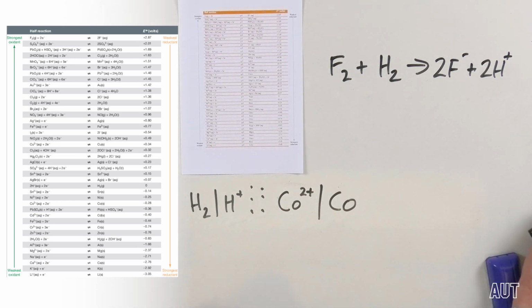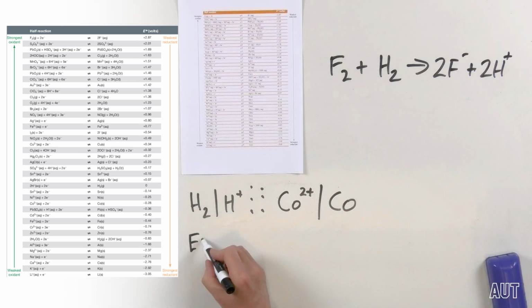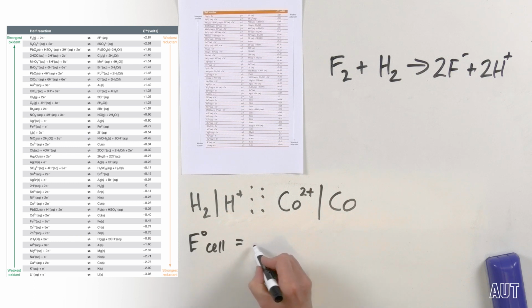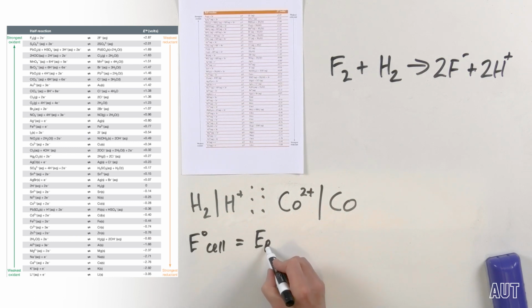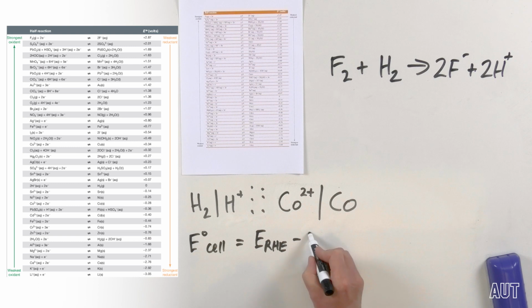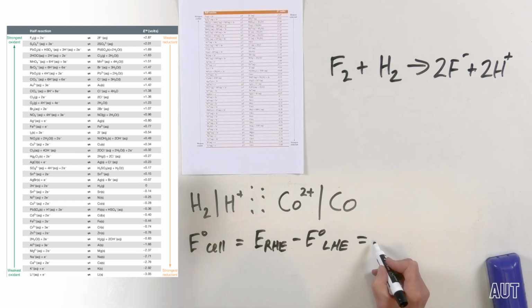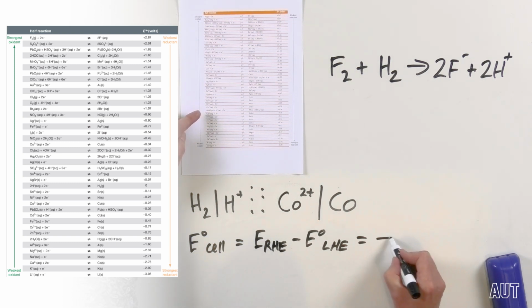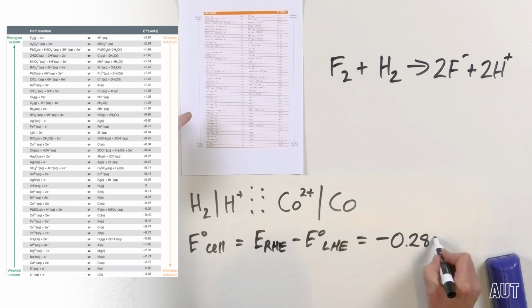And we know that in that electrochemical cell, E-naught of the cell is equal to E-naught of the right hand minus E-naught of the left hand. And what we're going to find is the E-naught of that cell is minus 0.28 volts. A negative value.